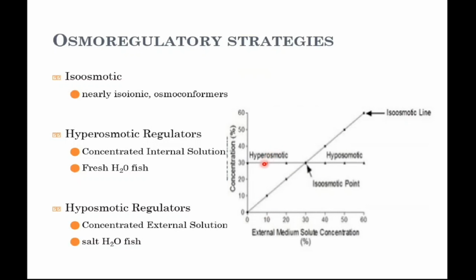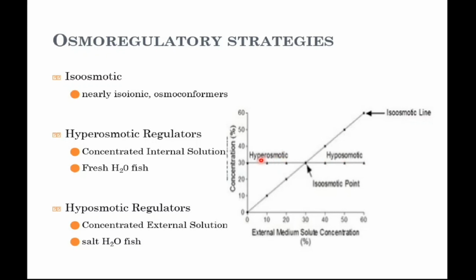So they are called hyperosmotic animals, and those which have a less concentrated internal environment as compared to the external environment are called hypoosmotic animals, right? Hyperosmotic and hypoosmotic.